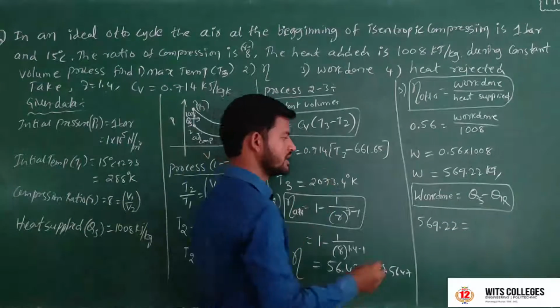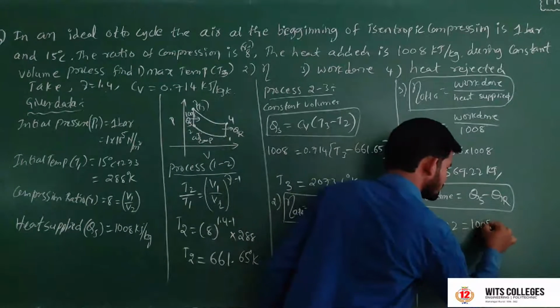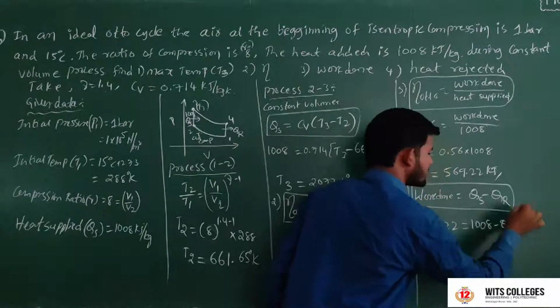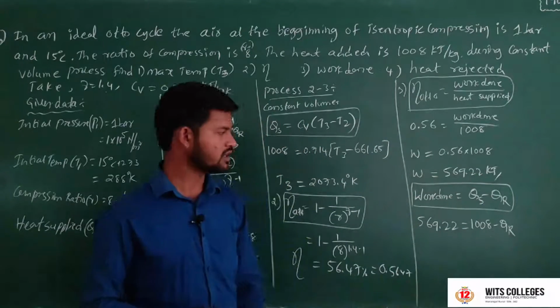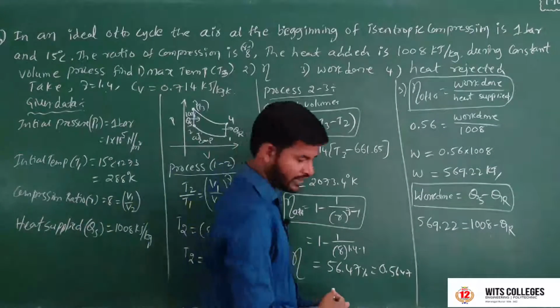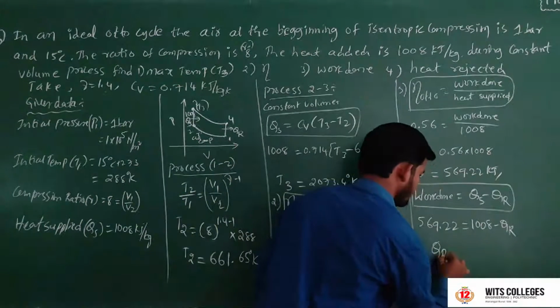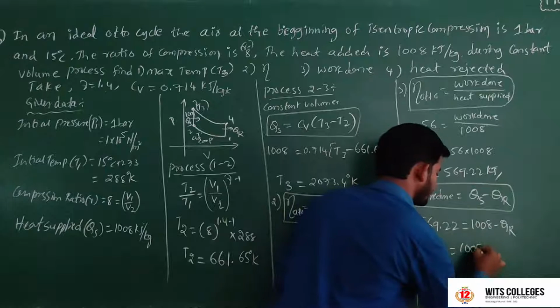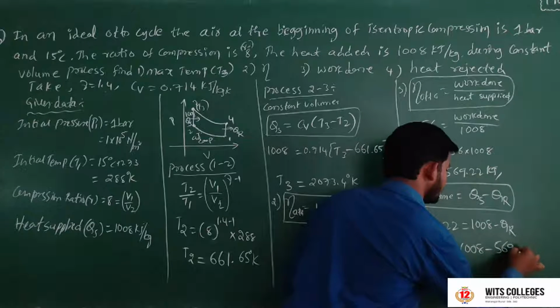Qs equals 1008 minus Q rejected. In this equation we find QR equals 1008 minus 569.22.